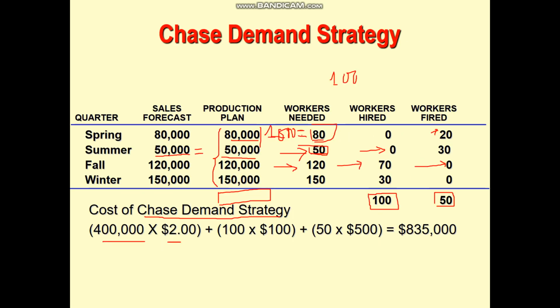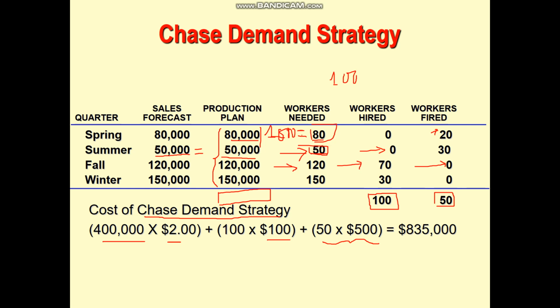So we can calculate the hiring cost, which is equal to 100 multiplied by $100, because to hire one person we have to pay $100. And here is the firing cost. To fire a person we have to pay a penalty cost of $500, and we need to fire 50 workers, so the total cost for firing people is 50 multiplied by 500.